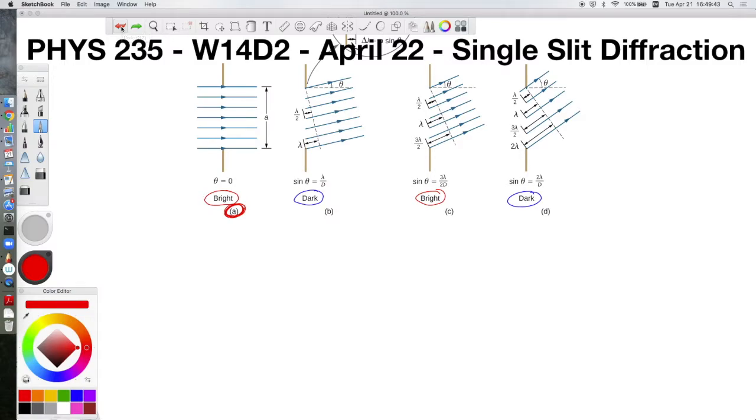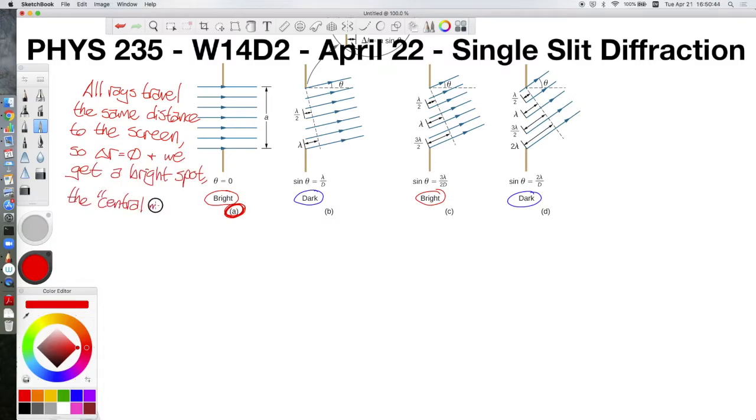Hopefully you can see in part A of this figure that all of our light rays are going to travel the same distance to get to the screen. So our path length difference will be 0, which is a whole number of wavelengths, and this will produce a bright spot on the screen. And the bright spot we get here will be the central maximum, which is directly across from the single slit.